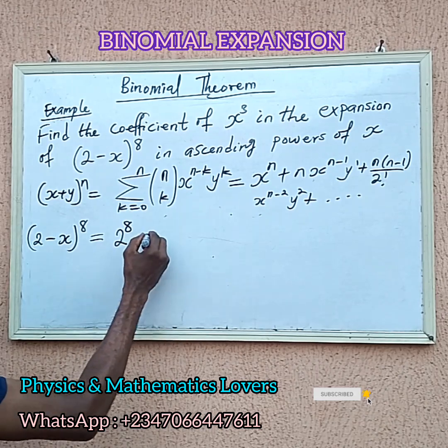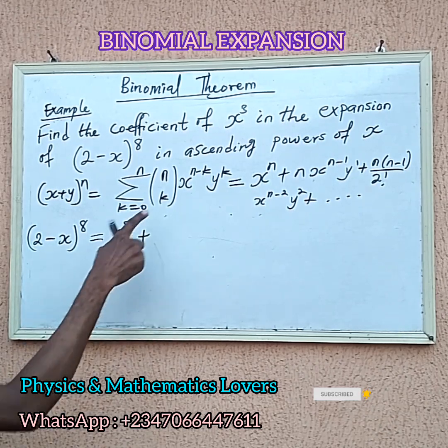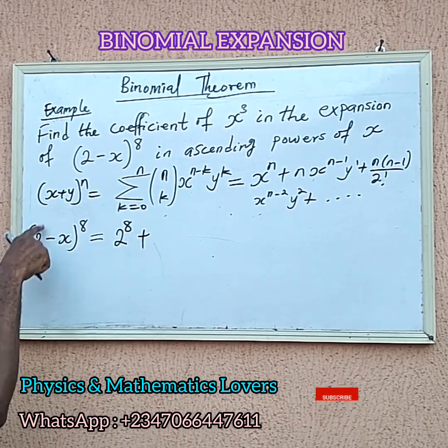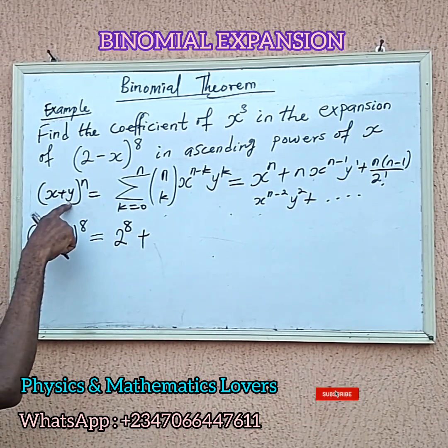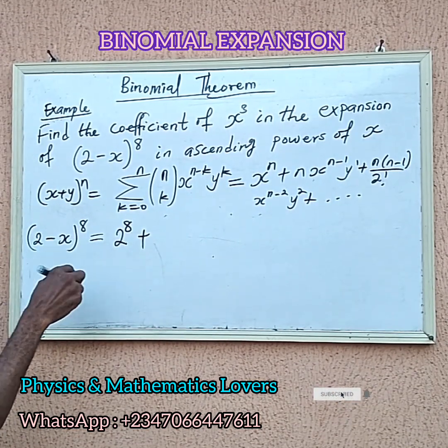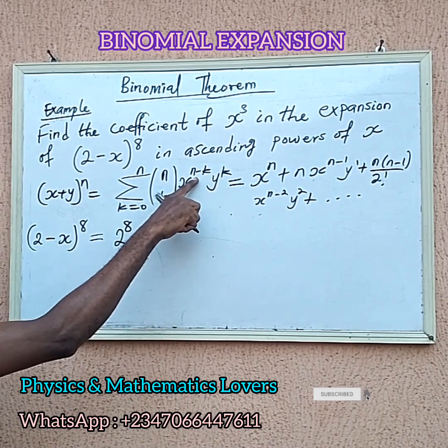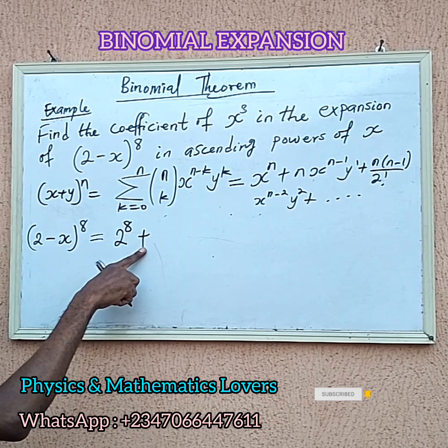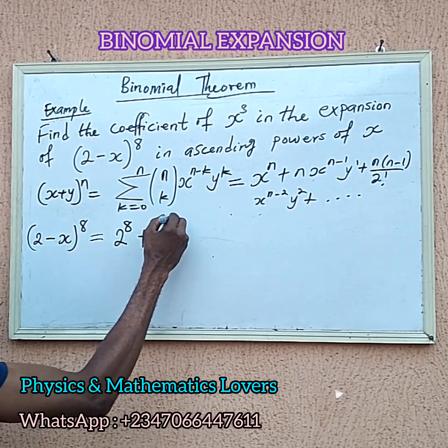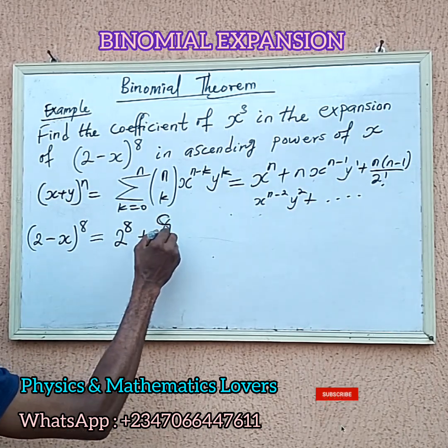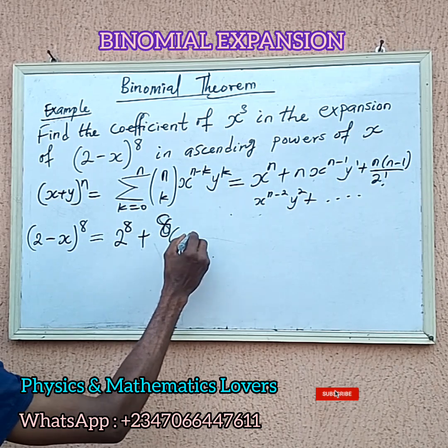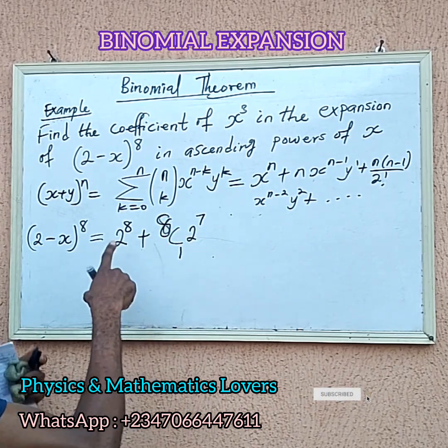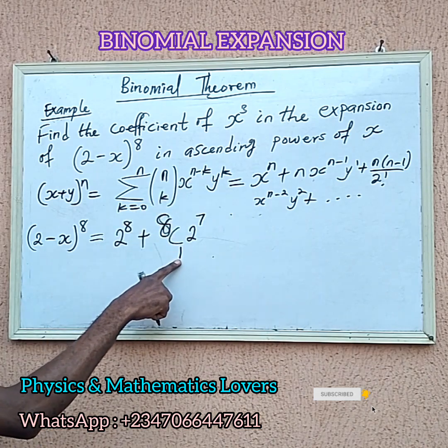Then plus, in the expansion formula, x here represents 2, and y here represents x. So the power of 2 decreases by k, where k starts from 1 now. It goes 8 combination 1, then 2 raised to the power of 7, because it has decreased by k.